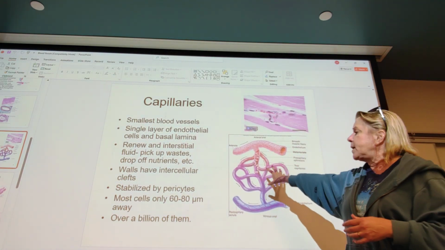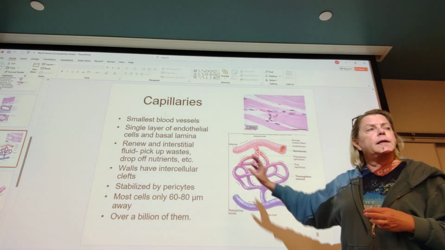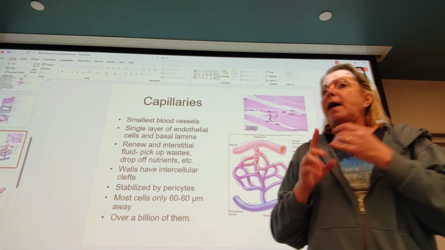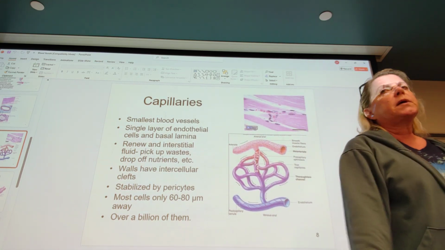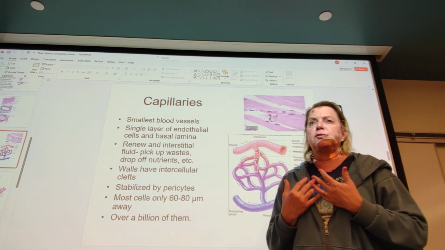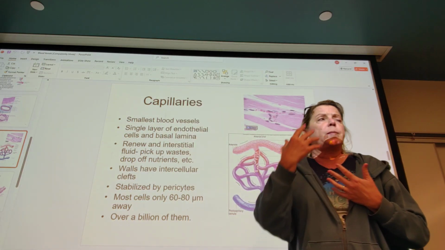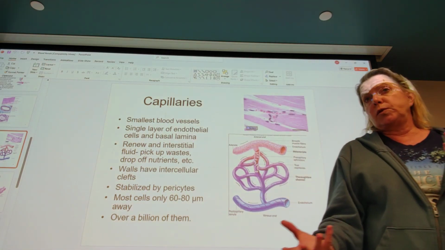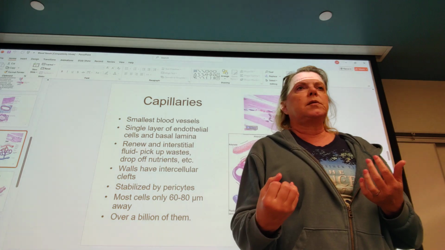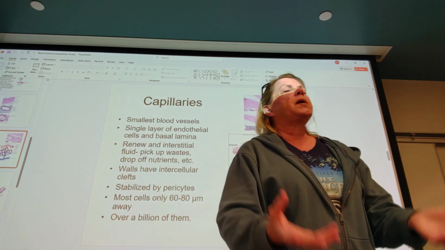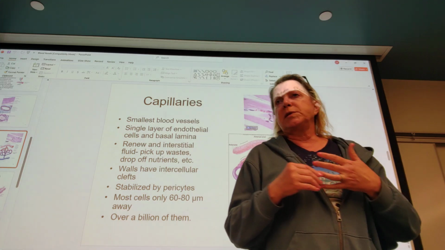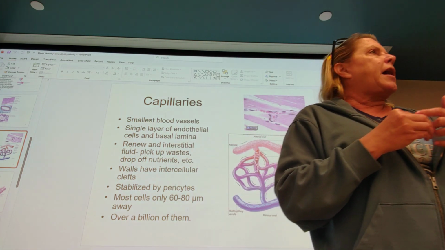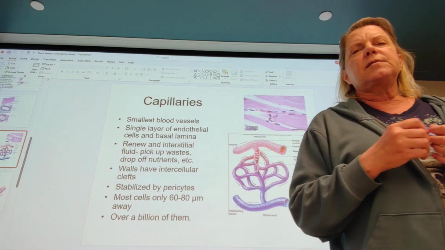When the capillary bed is perfused with blood, this is where we can have gas exchange. The blood drops off oxygen, picks up CO2 from the tissue cells, drops off nutrients like glucose, lipids, amino acids, and picks up waste products like lactic acid, carbon dioxide, hydrogen ions, acids.